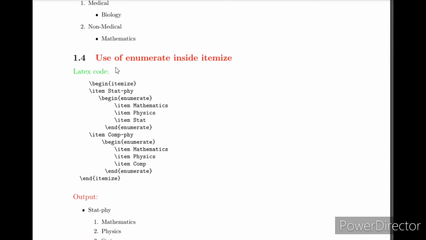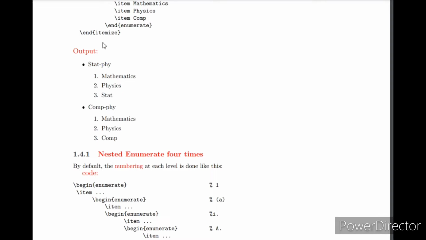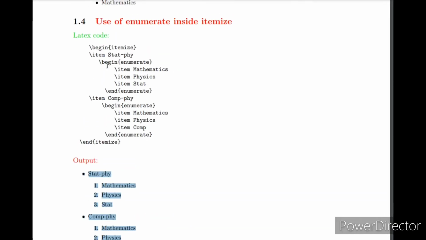Now I want my output bulleted outside and numbered inside. Suppose you want a stat-physics student, whose subjects are mathematics, physics and stat, and a computer-physics student, with mathematics, physics and computer. How do you write this output in LaTeX? Outside you use backslash begin itemize.